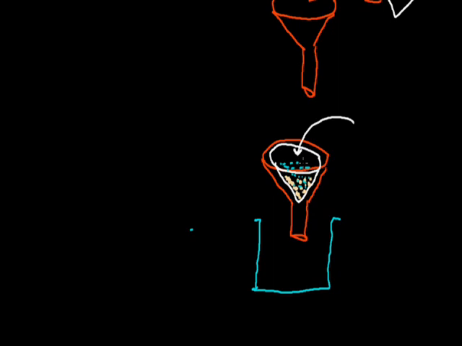We will collect this salt solution here. After some time the solution of salt collects in the container, and the particles of salt, which are too small to observe, are also present in this solution. These are the small particles of salt which we cannot observe with the naked eye.